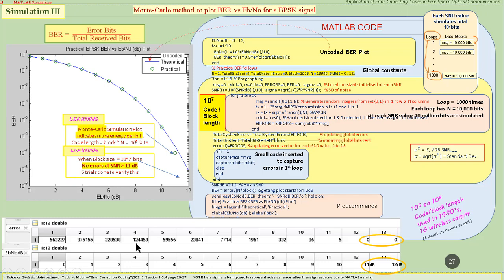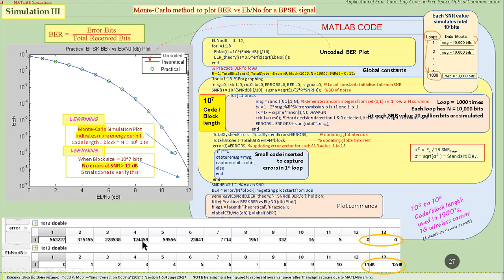So these are the errors, and the bit error rates I have not shown in the database, but simply it is the amount of errors captured divided by the total bits sent. So I am dividing by 10 to power 7 here, and the errors that I am counting and adding will be in the numerator.